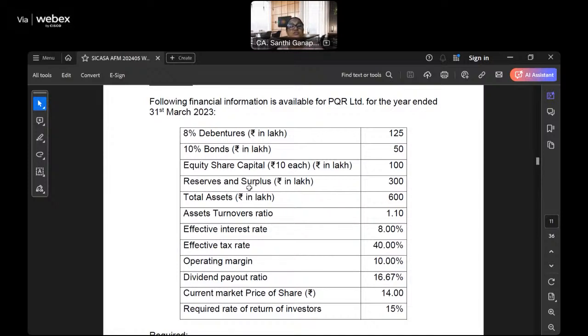We have two types of debts, debentures and bond. Effective interest rate is given. We can find the interest per annum. Operating margin is there. We can find the operating cost. Equity capital and reserves and surplus are given.